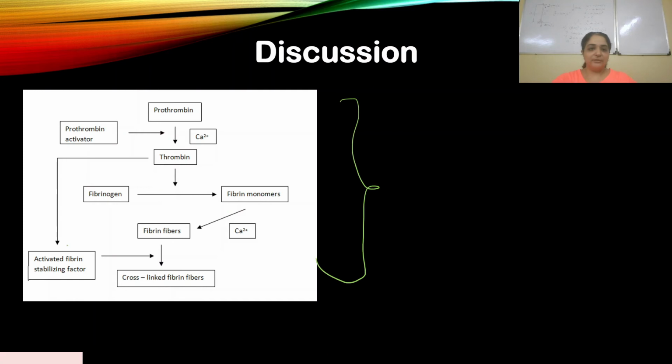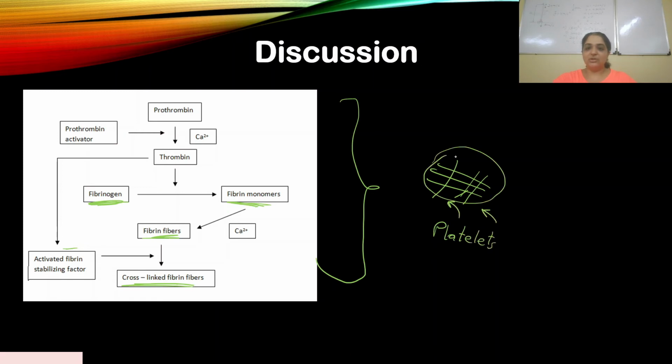You have fibrinogen over here, and that forms fibrin monomers, and then they form fibrin fibers, and they form cross-linked fibrin fibers. They form this mesh-like network, and then platelets come to the rescue by releasing procoagulant factors which cause clot retraction.